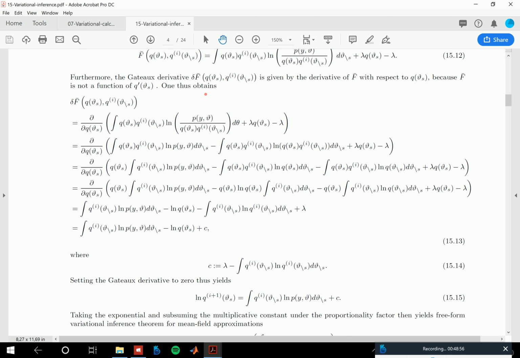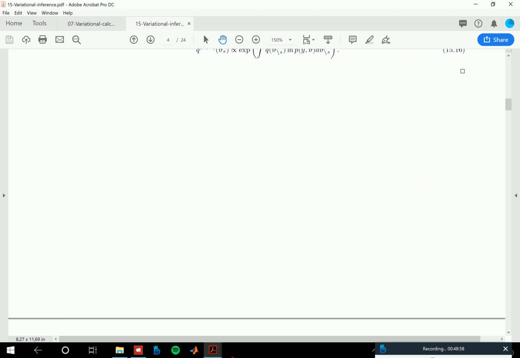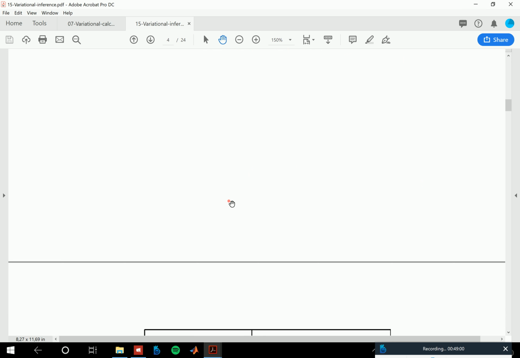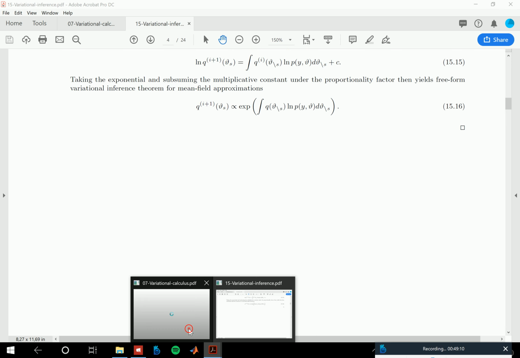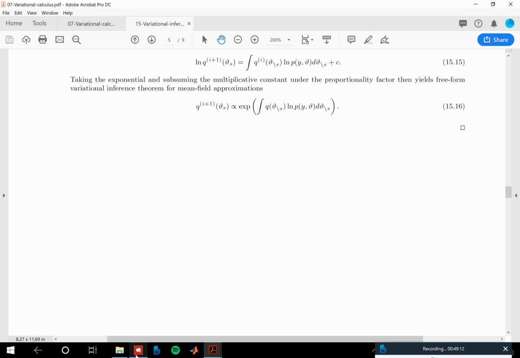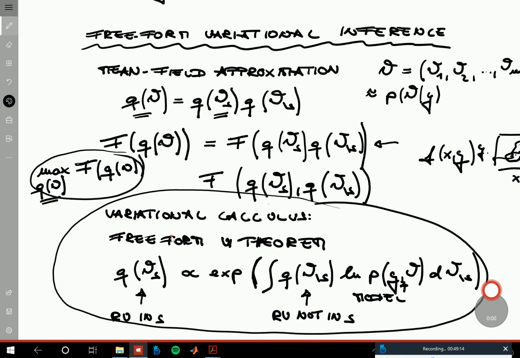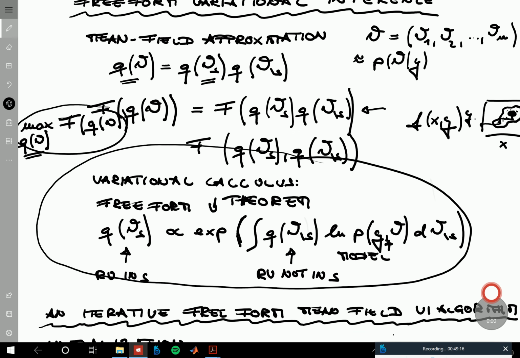Yeah? And this is why this whole thing is called variational inference, because it's related to variational calculus. So the problem of finding the maximum or the minimum of a function with respect to a function, and where this free-form inference theorem comes from.